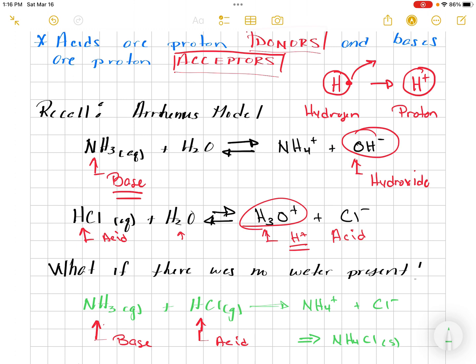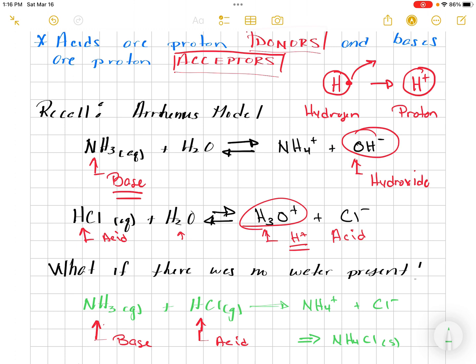So ammonia reacts with hydrochloric acid to form ammonium, which is a positive polyatomic ion, and chloride, which is a monoatomic ion. Because these two are now oppositely charged, they come together to form a single compound, a precipitate called ammonium chloride, an ionic compound made of two ions with opposite charges.